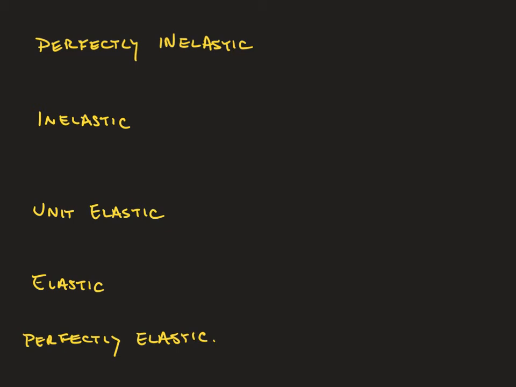Okay, so the definitions. Remember, unit elastic means the elasticity is 1, and that means that the percent change in quantity demanded is equal to the percent change in price, at least equal and opposite.